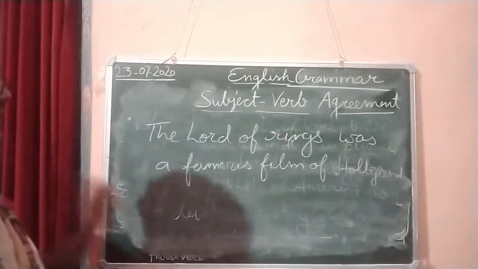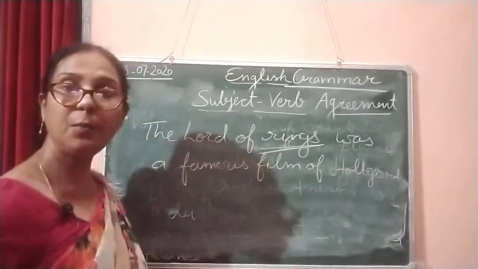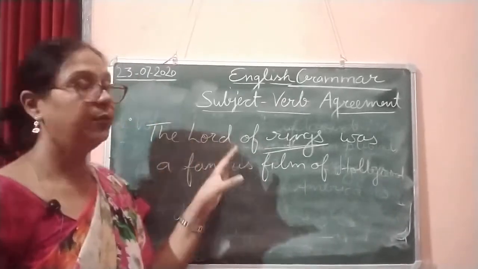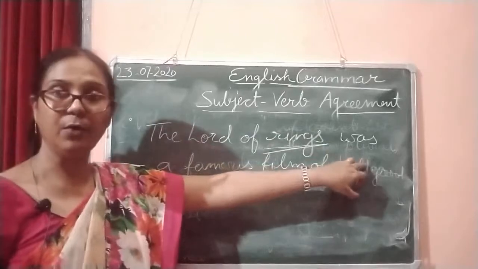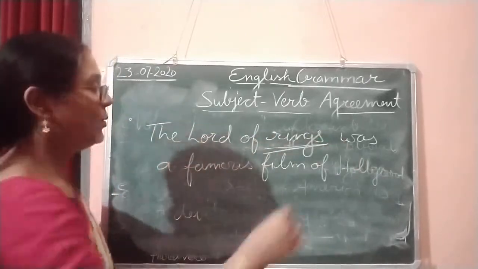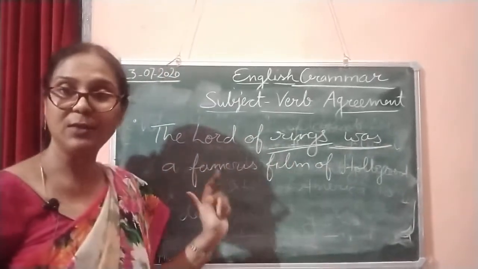So here you can see The Lord of the Rings is written in the plural form, but because this is the name of a film, we are supposed to write over here was, because we consider it singular. So we are supposed to write over here was.